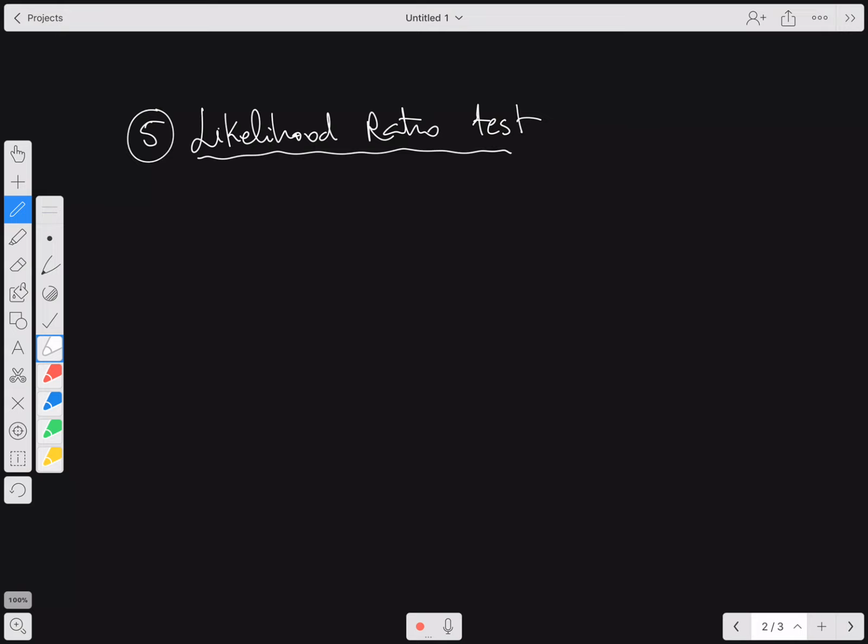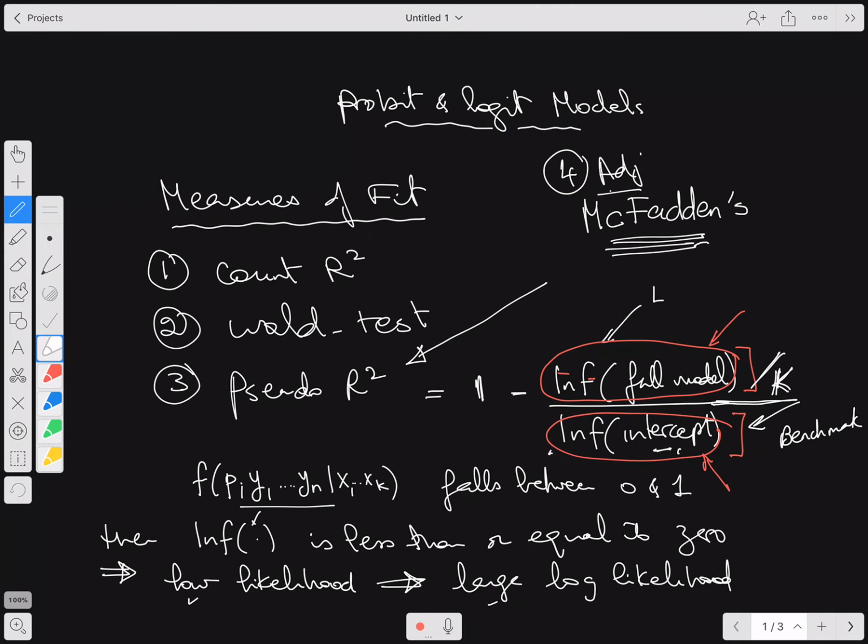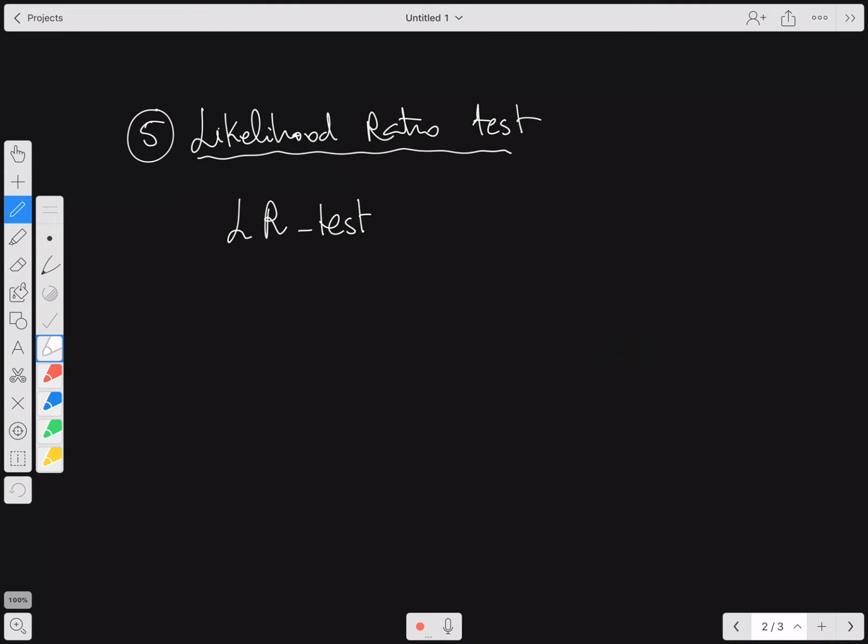And as I mentioned in class, I wanted you to think of the likelihood ratio test as very similar to the R-square idea. I'm taking a ratio of a full model divided by the intercept model. What they're doing is very similar, but they're taking the log of a ratio which has a likelihood function in the numerator. So let me show it to you.